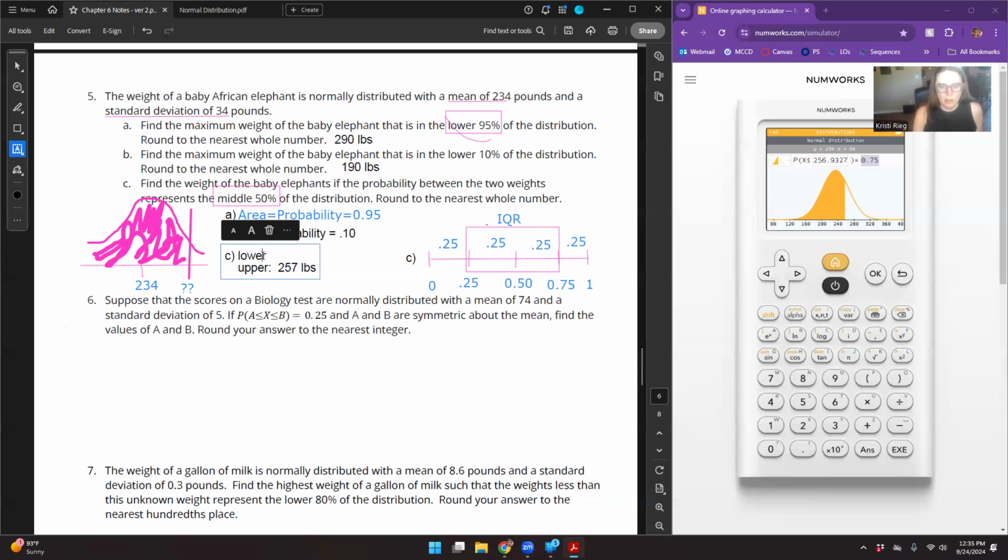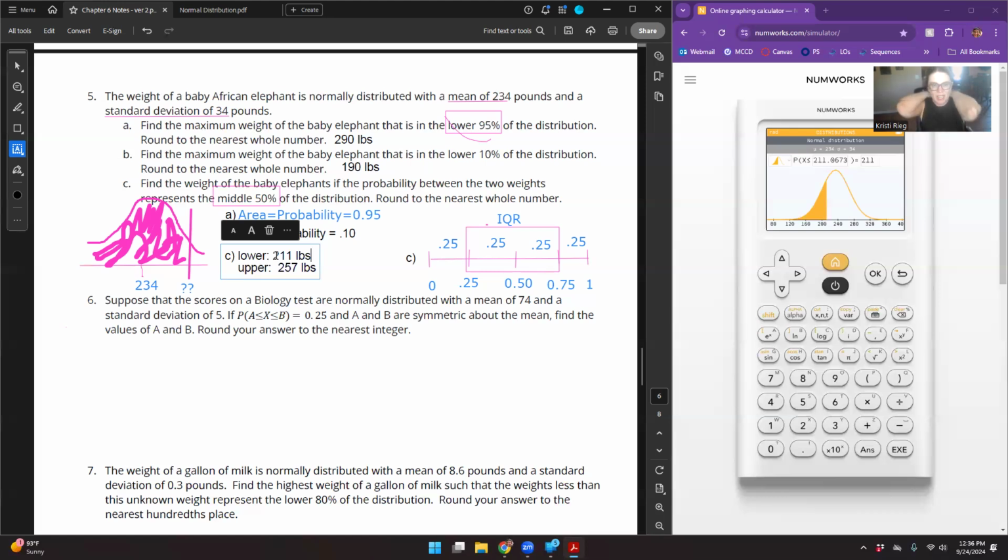And then the lower, go over here, my calculator, do it again, but this time with 25%, 211. Okay, because it said find the weight of the elephant.